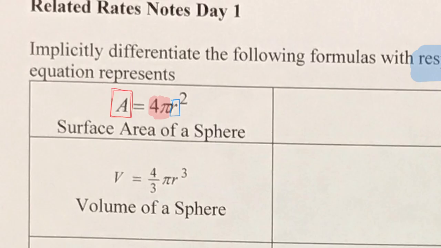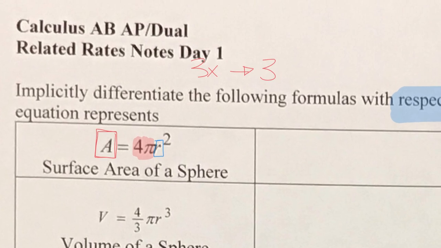Just like if we had 3x, the derivative of 3x is just 3. So what's the derivative of 4 pi r? It's 4 pi, right? Because the derivative of a variable is your constant. Yes, there's lots of pi's in here because things are circular, and anytime we have a circle, we have a pi.